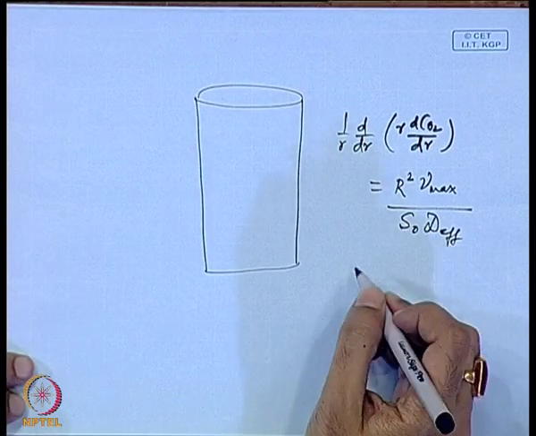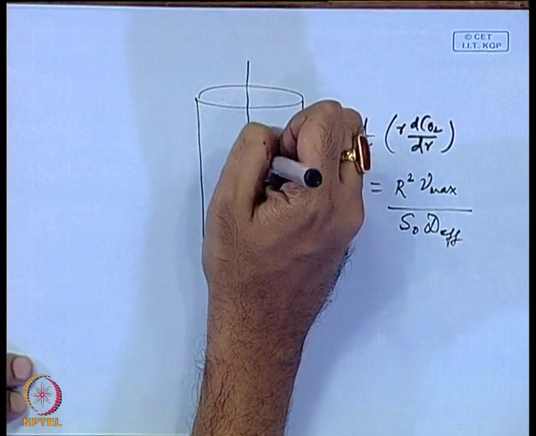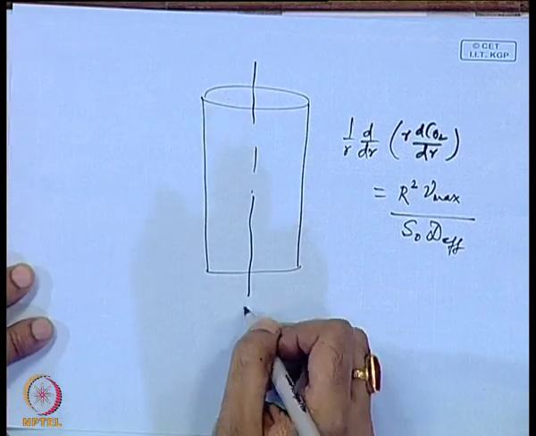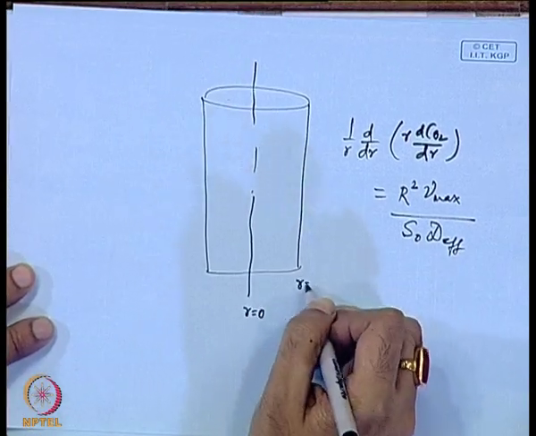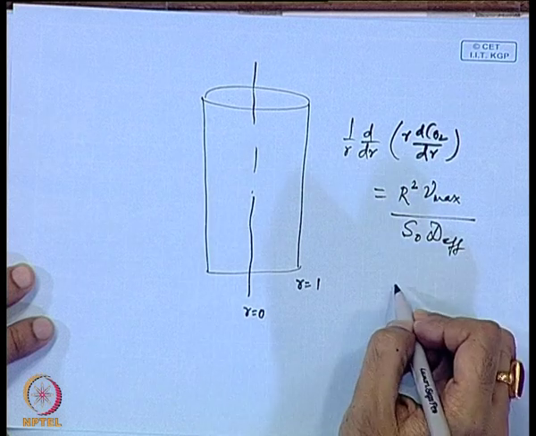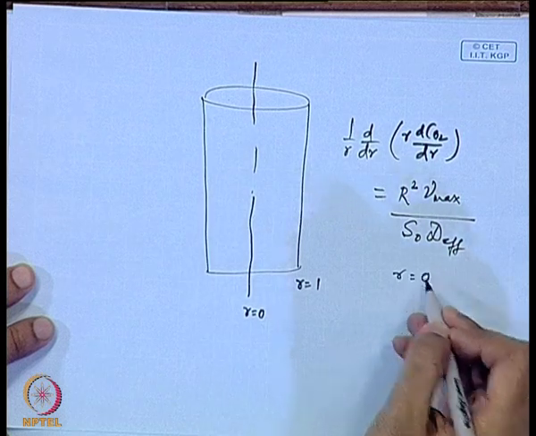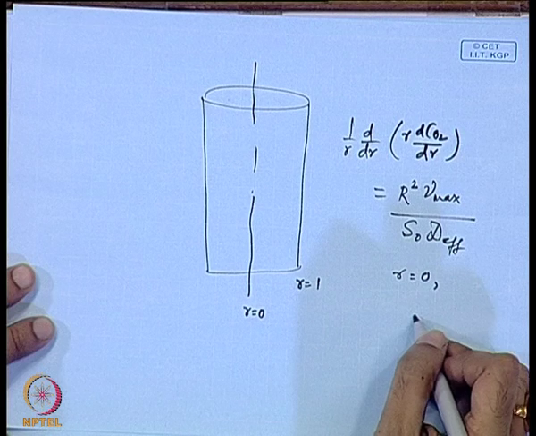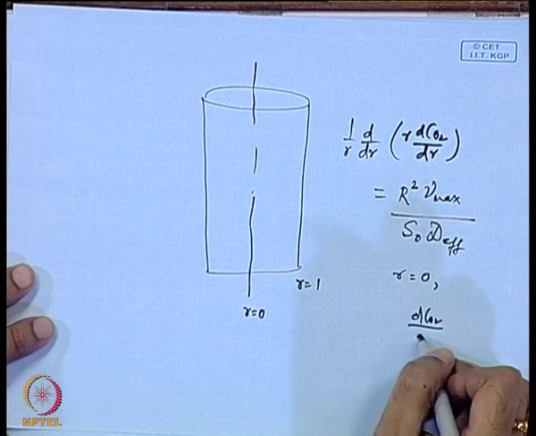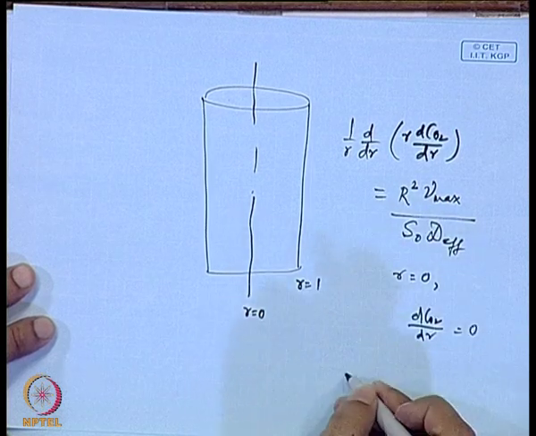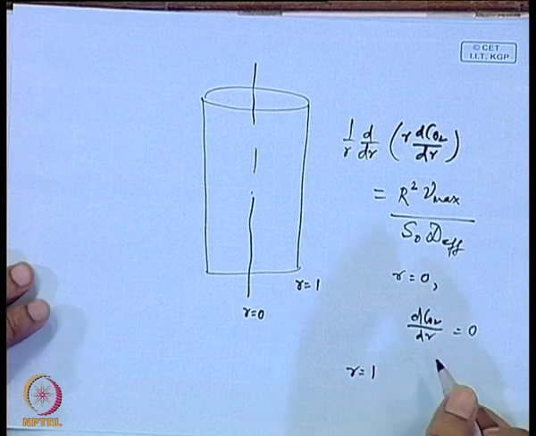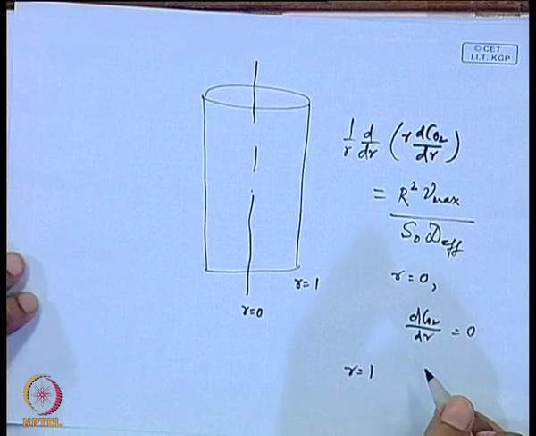The boundary condition inside is, so this is my R, this is R equals 0, this is R equals 1. So, at R equals 0, my boundary condition is symmetry, right. At R equals 1, I am saying that oxygen is present in a certain concentration. Okay.